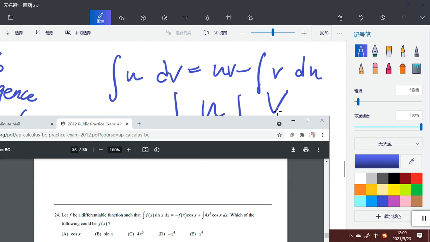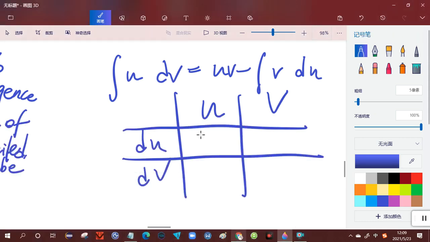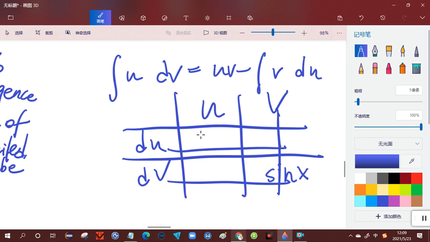So we can show that dv is equal to sine x, and then v is equal to negative cosine x. Yes, the derivative of negative cosine x is actually sine x. So u is f of x, and the derivative of u is, so therefore we can get all of it.